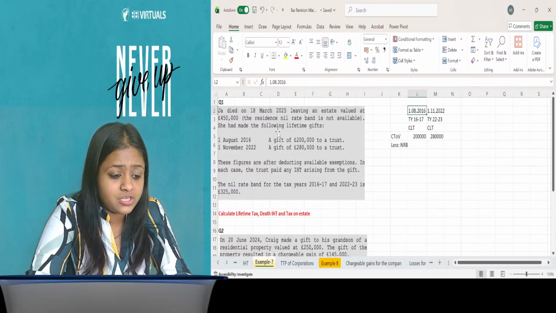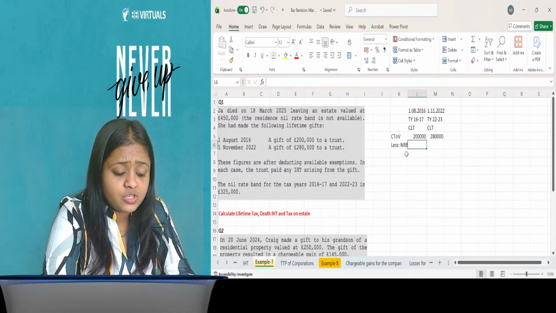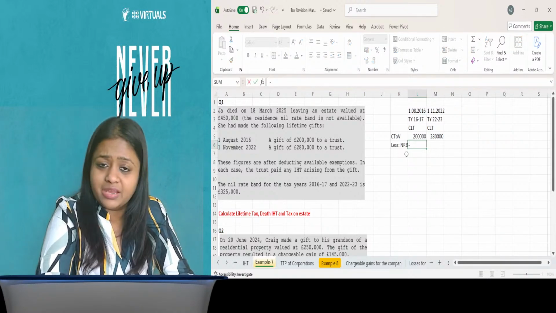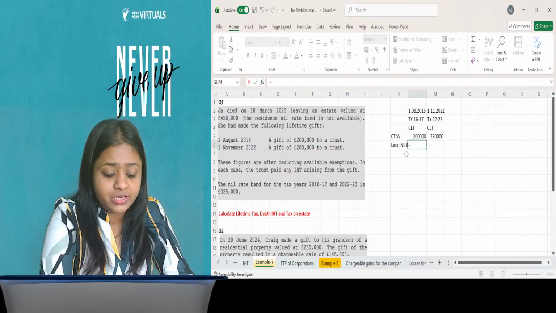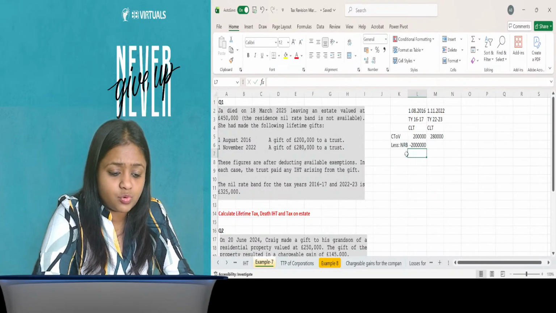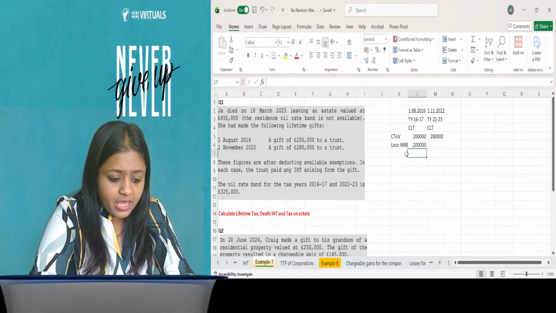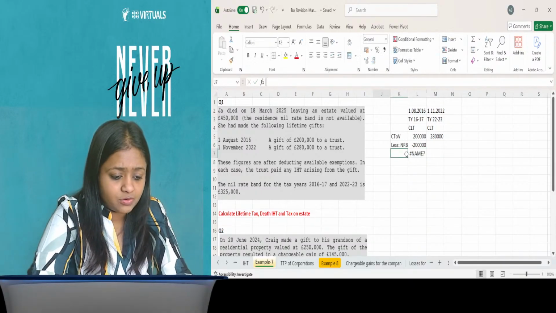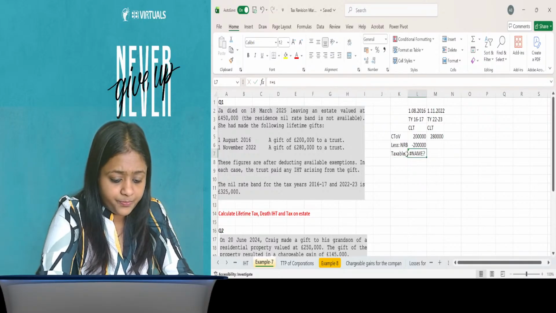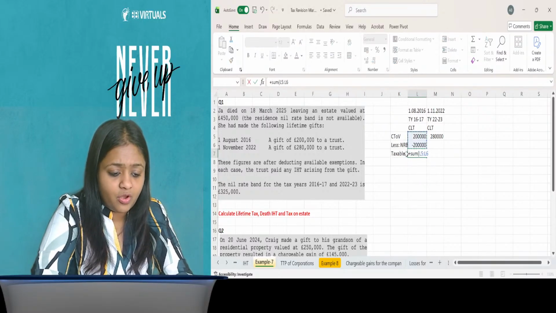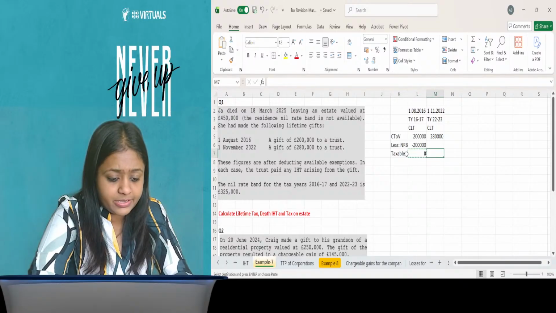Prior to 16, there is no gift made, so nothing is there. I will reduce the full 325,000, but I cannot reduce that amount, otherwise it will create a loss, and we know we cannot create a loss, so I will just reduce 200,000 and make this taxable value 0. I hope I'm very clear on this.